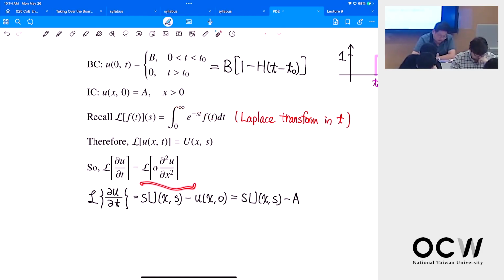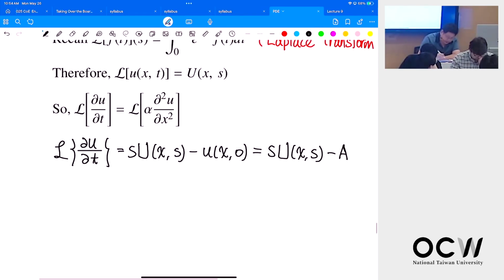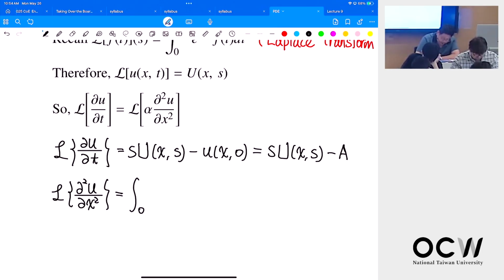Now the right-hand side, let's just take the Laplace transform and see. Partial squared u over partial x squared. That's the integration from 0 to infinity of e to the minus st times your function, partial squared u over partial x squared, dt.